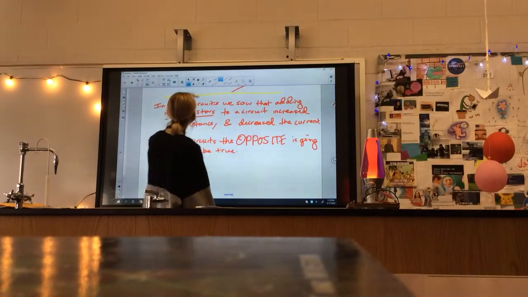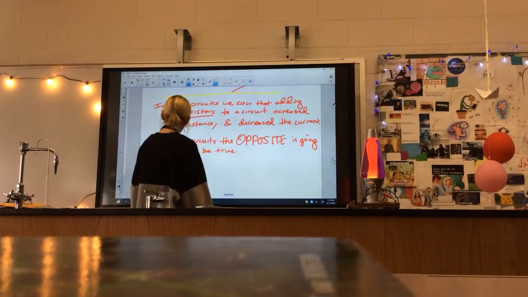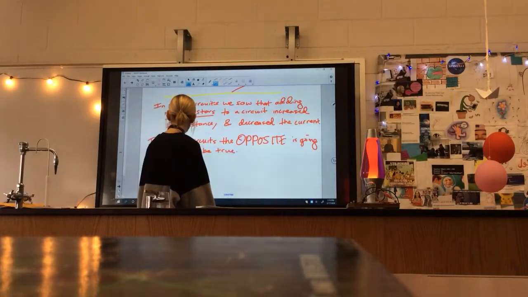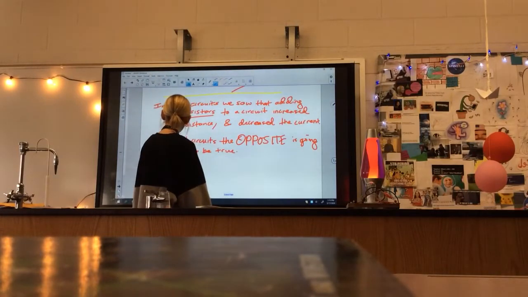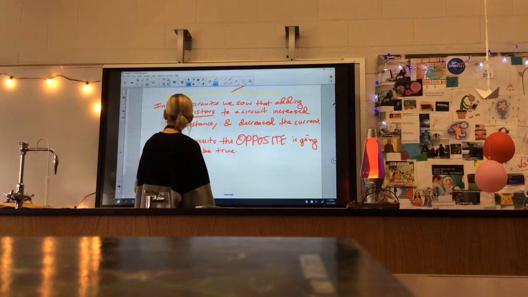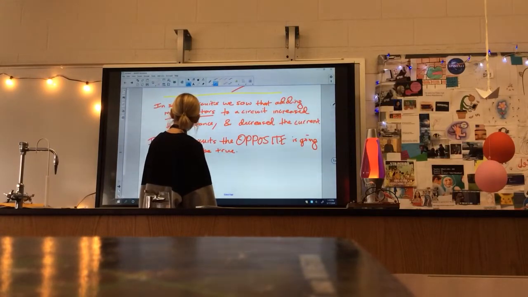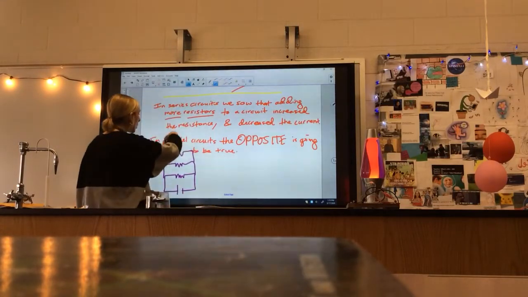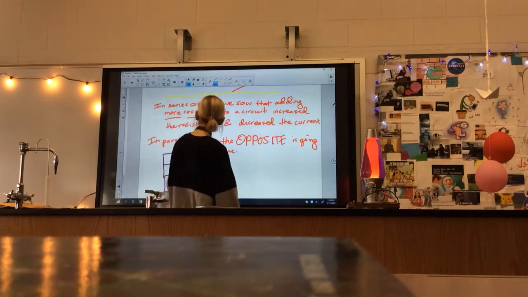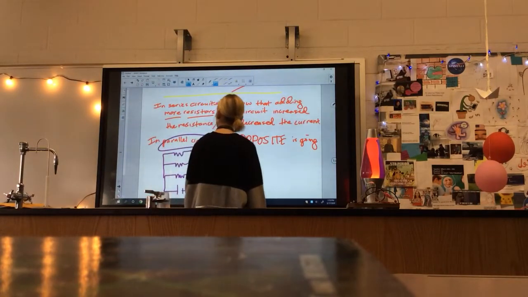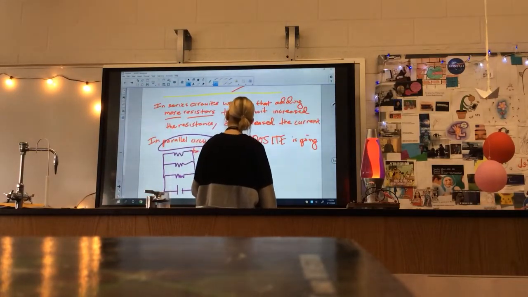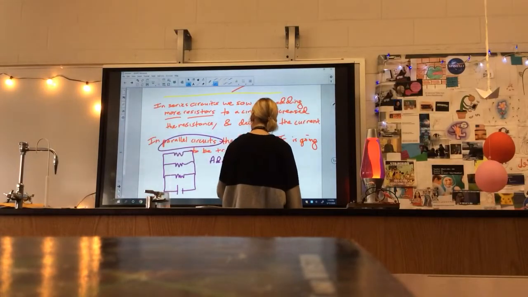In other words, because all of these paths are experiencing the same voltage drop in a parallel circuit, by adding more resistors, I'm only going to draw more and more current. So in a parallel circuit, adding more resistors will actually decrease the resistance.